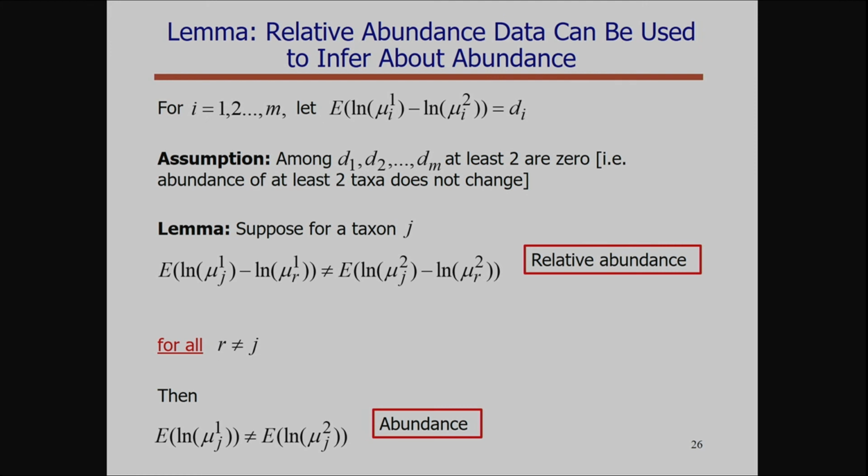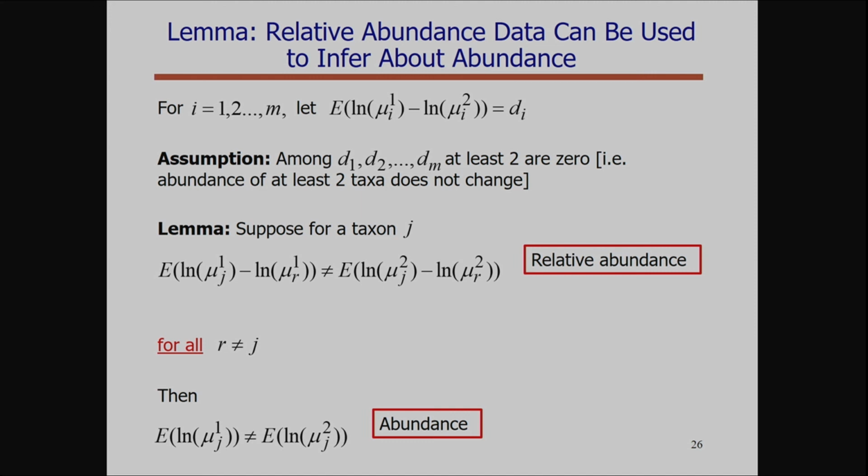We have m different taxa now, i going from 1 to m. Let us suppose we are looking at two groups, group 1 and group 2, which are the upper indices, and we are working with a log scale.